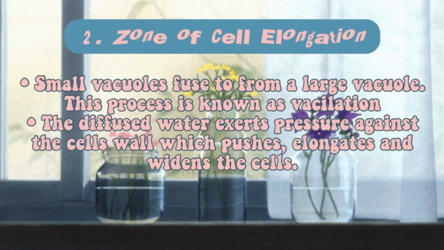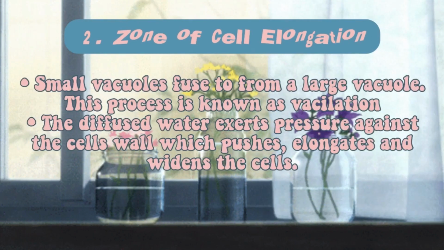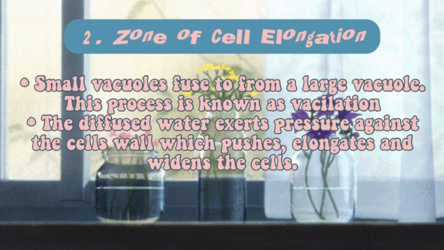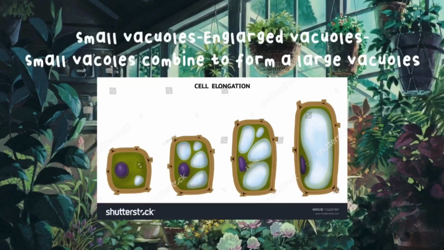This process is known as vacuolation. The diffused water exerts pressure against the cell wall, which pushes, elongates, and widens the cells. These pictures show small vacuoles that become enlarged vacuoles, and the small vacuoles combine to form a large vacuole.